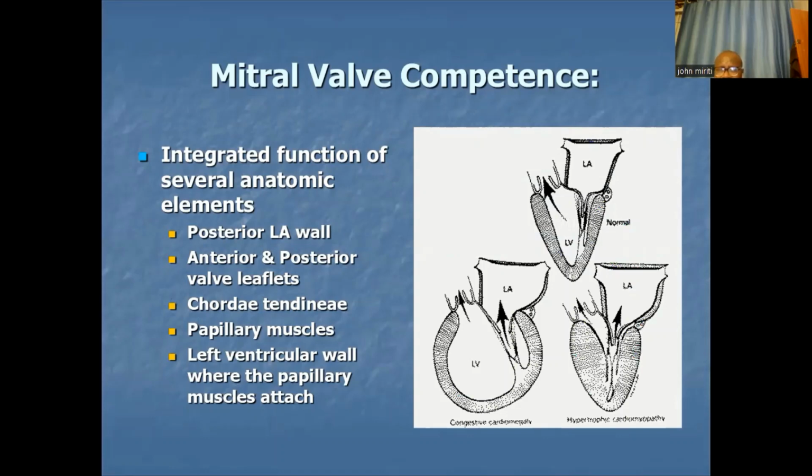Those are the anatomical elements in competence of the mitral valve. They have to be functioning well in terms of contractility and relaxation and the blood flow through the mitral valve.